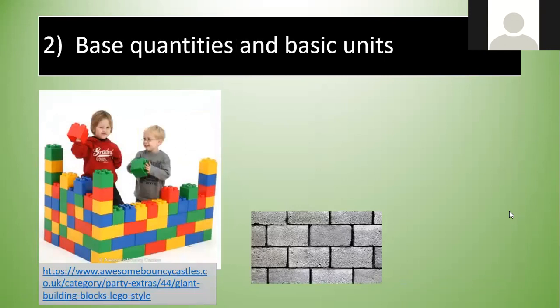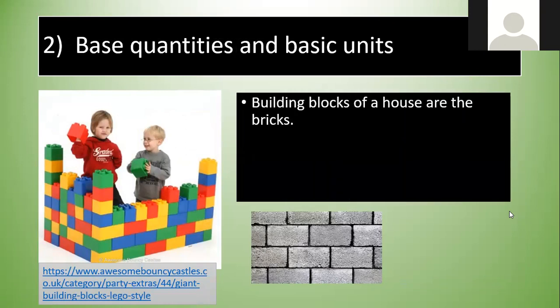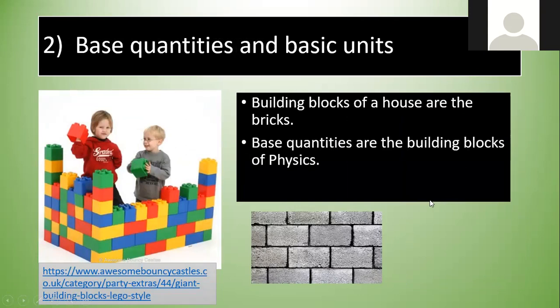Base quantities and base units are like the building blocks of a house, the bricks. Right? Stack them up, make whatever shape of house you want. Base quantities are the building blocks of physics.